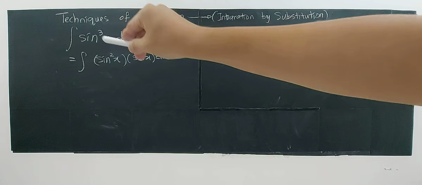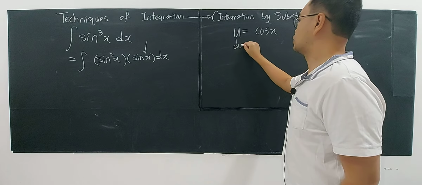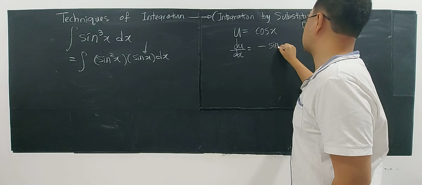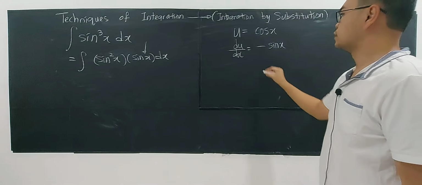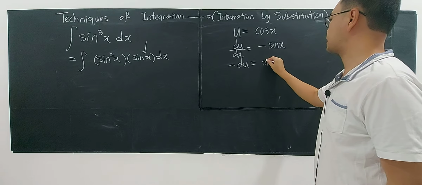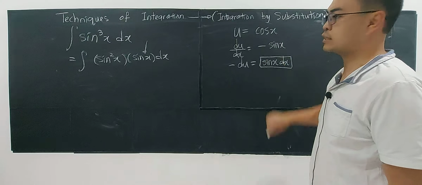So for odd power, we use this technique. So du dx is negative sine x, and moving the negative over, you have sine x dx. This is the reason why I choose cos x.